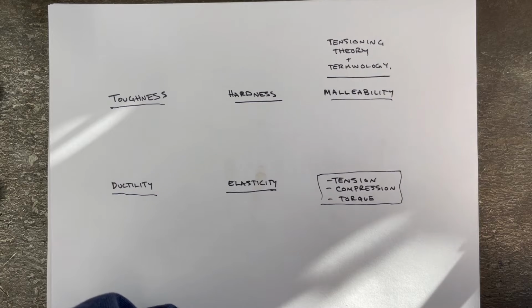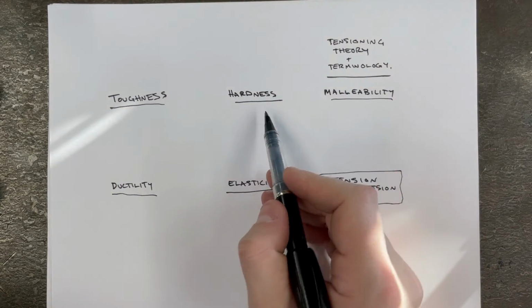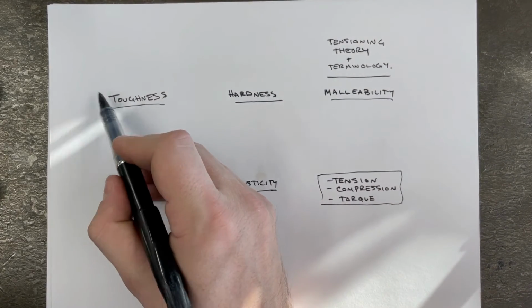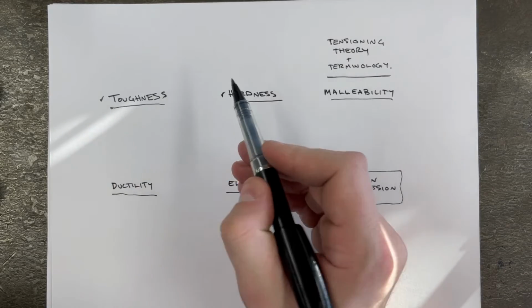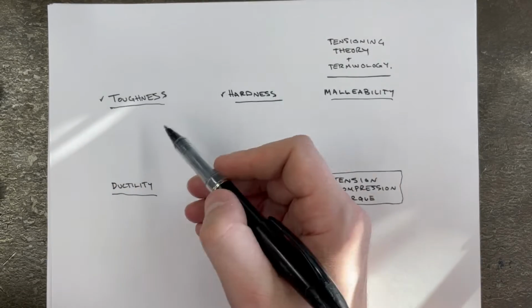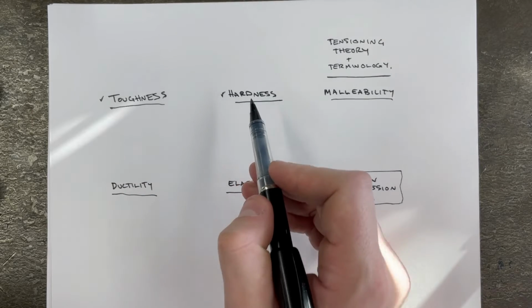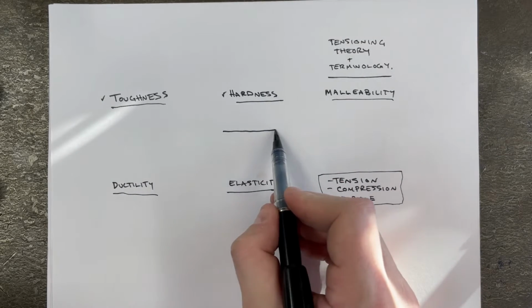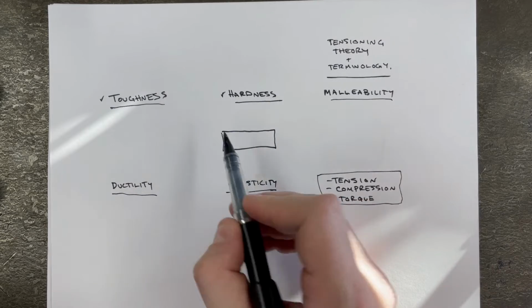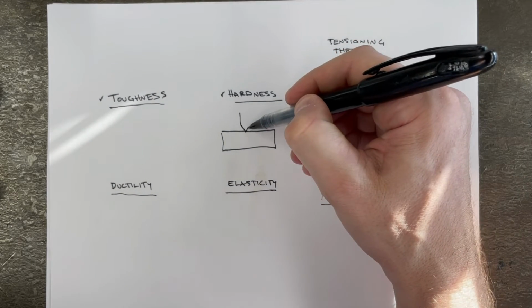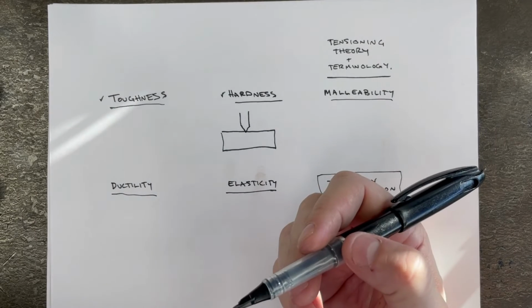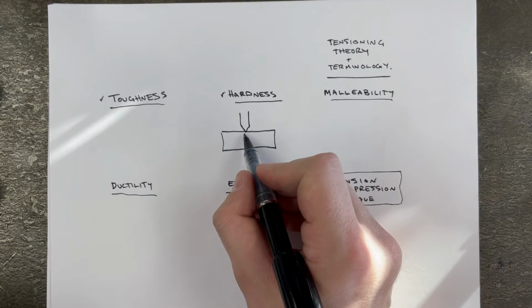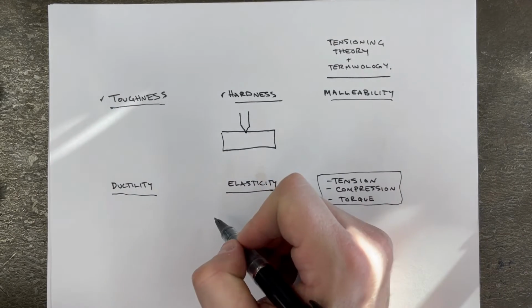Hardness and toughness get mixed up. So the next one is hardness. Hardness is different from toughness because it's solely the ability of a material to resist penetration. So if we have a piece of hard steel and we try to drive a prick punch into it, we're not going to put a very big dent into it.